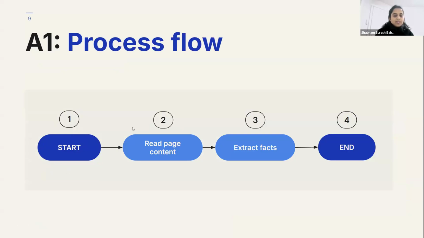And within the start block, I set a setting saying that this is a browser extension. When I do that, the block will know to read all the content from the page and pass it to the LLM to extract all the facts. And then finally, it returns to the user. Okay, so this is the flow.